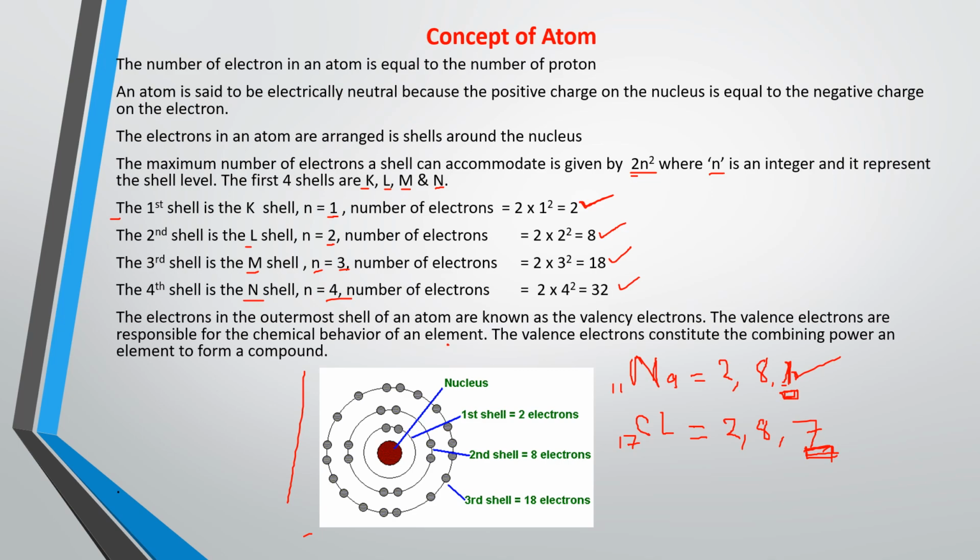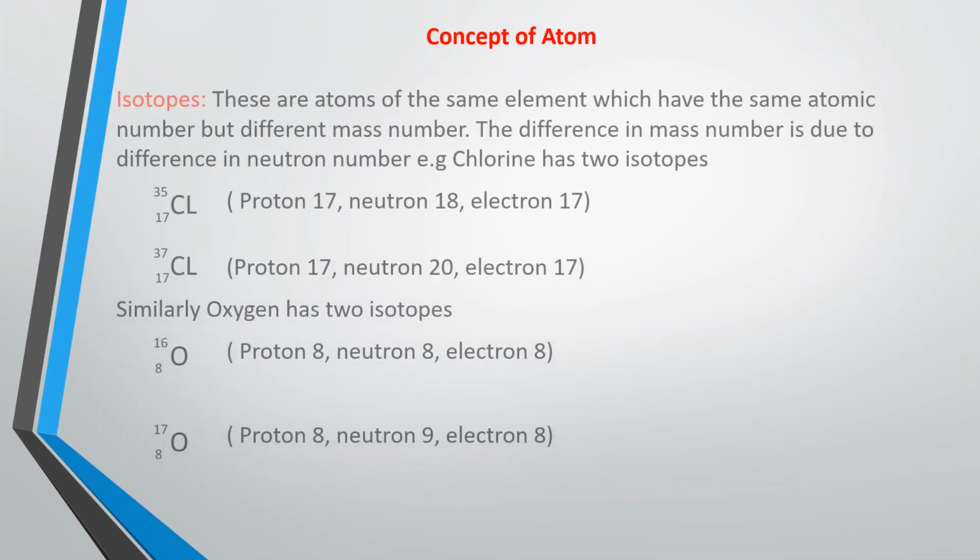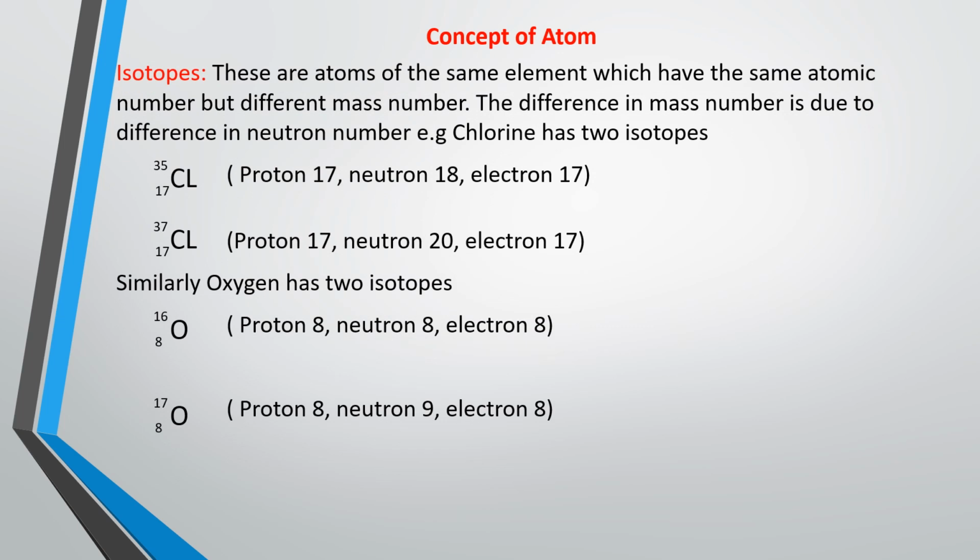Now, still on the concept of the atom, we are also looking at isotopes, because from the atom we will have isotopes. Isotopes are atoms of the same element which have the same atomic number but different mass number. The difference in mass number is because of the difference in neutron number. Here we have an example of chlorine.